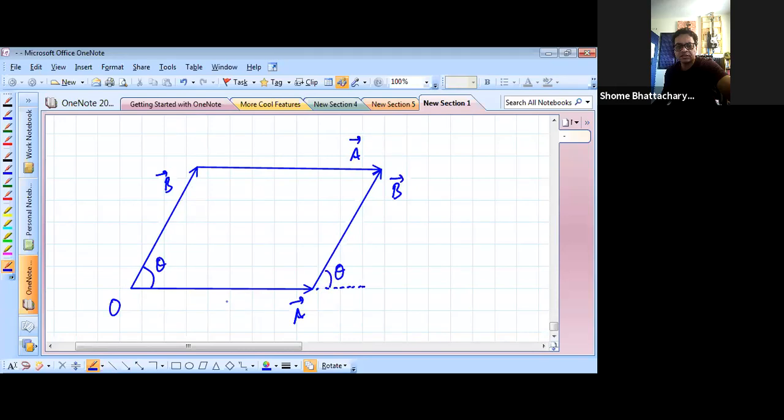And these are sides of magnitude A and B. So you can see that in my parallelogram, this particular diagonal from the origin to the opposite side now represents the sum of A and B. So this is A plus B. And if this angle is alpha, then we have the formula from the triangle law, which will be the same.